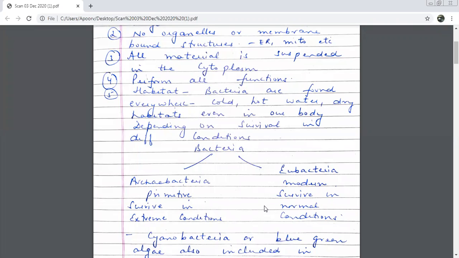So now we are done with Mycoplasma or PPLO. What is the full form of PPLO? Pleuropneumonia-like organisms. Okay, they are the smallest cells.